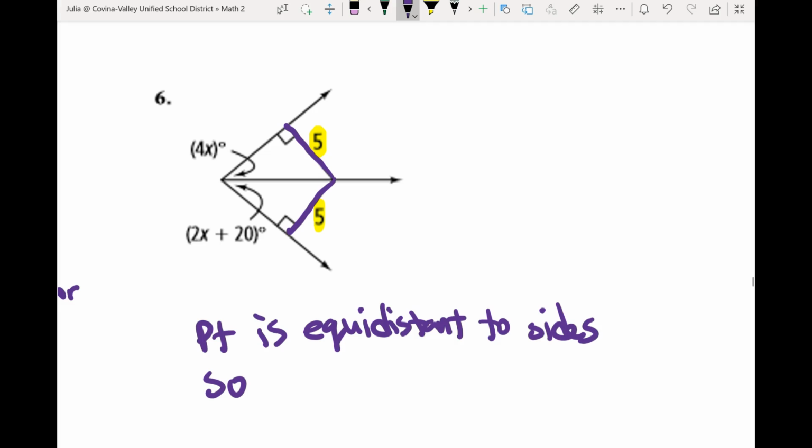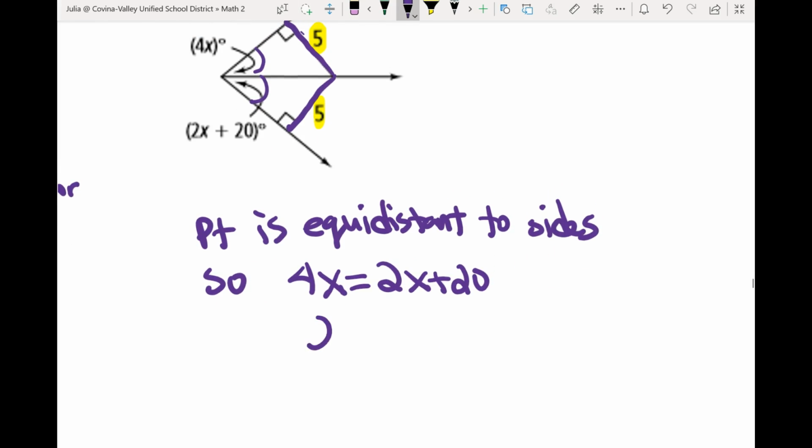So it's a bisector. So what has to be equal to what? Good. We know that this has to equal this. If the angles are bisected, then these distances will be the same. Has to be at a right angle though, otherwise it's not the true distance. So subtract 2x from both sides, divide by 2, you get x equals 10. Okay, any questions on how that works?